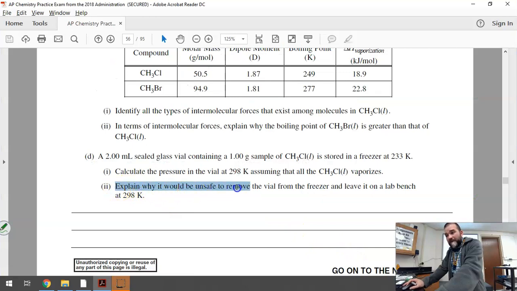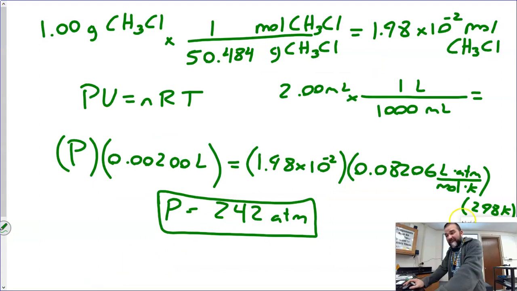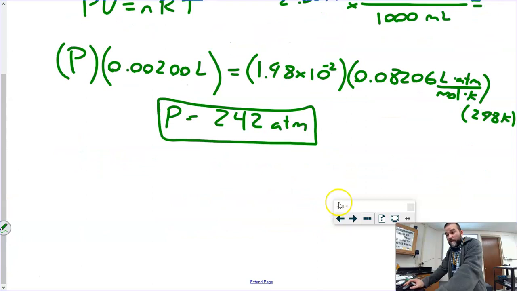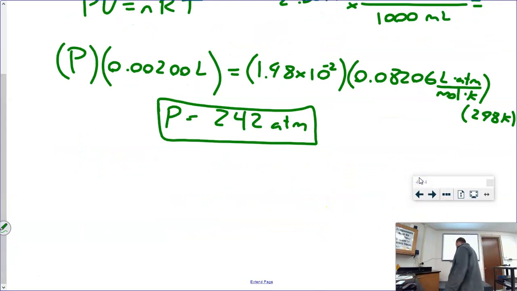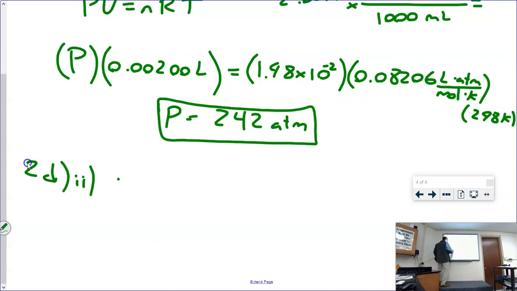Okay, explain why it would be unsafe to remove the vial. Well, pretty obviously, this sucker is going to explode, or most likely have a very high likelihood that it will explode, right? So let's answer that. Let's explain that. Okay. This is unsafe.